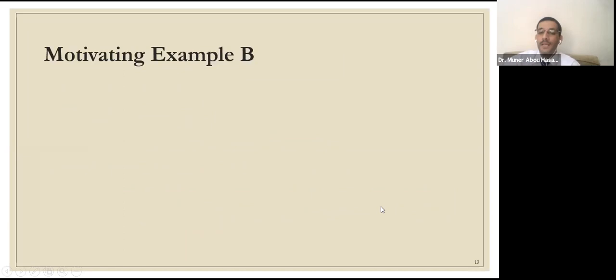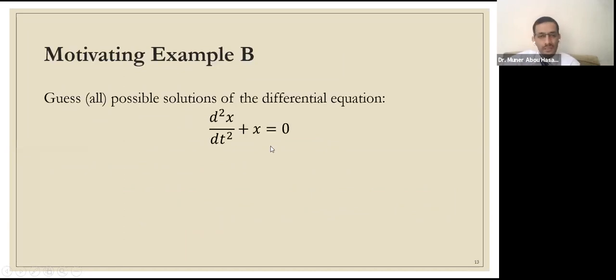Let us move to the second example. Look at this equation. It's a differential equation with the unknown variable x and independent variable t. Together, let us try to guess the solution of this equation. The second derivative of my unknown function plus my function is 0.